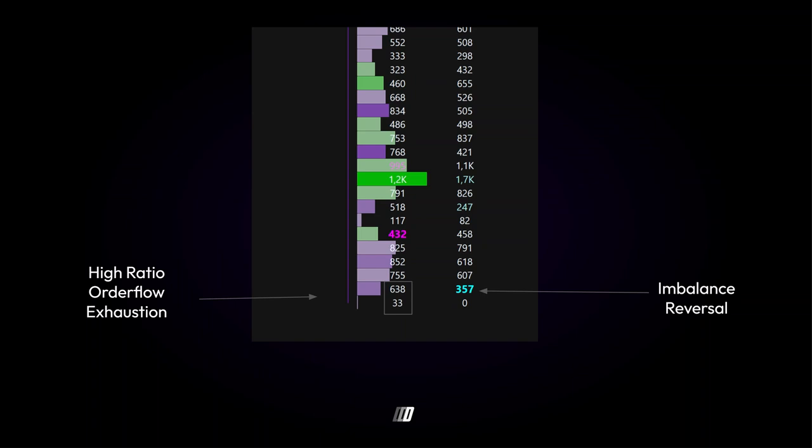This is two at the same time. This is a very common rejection pattern where you will see a high ratio order flow exhaustion.